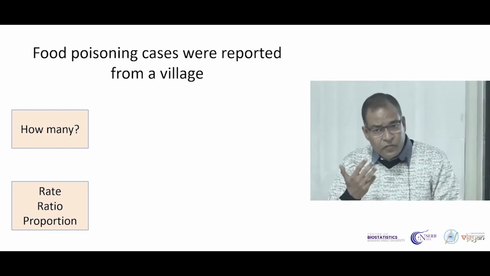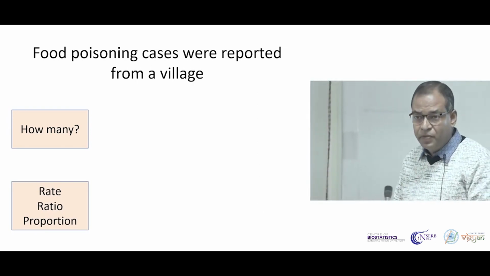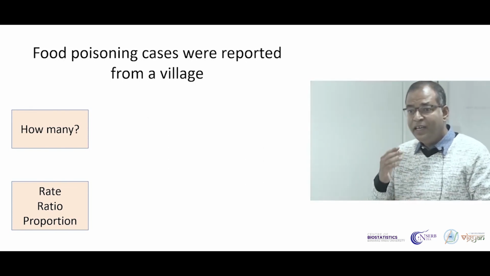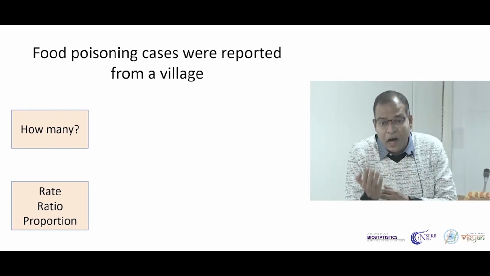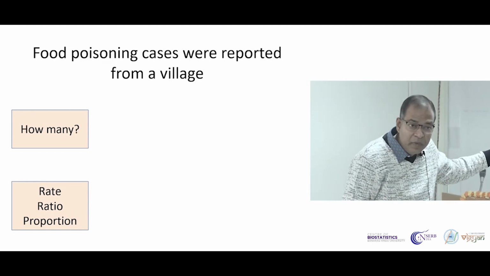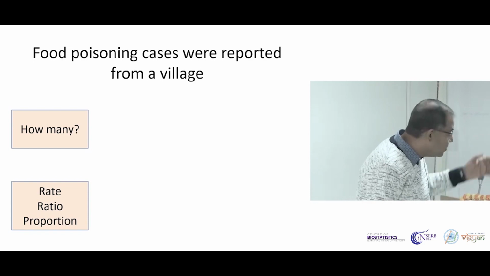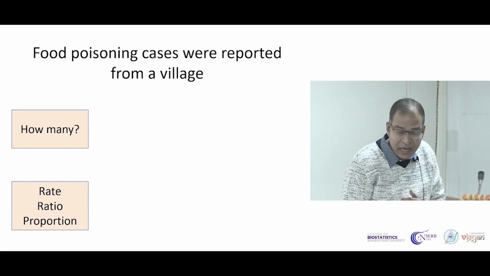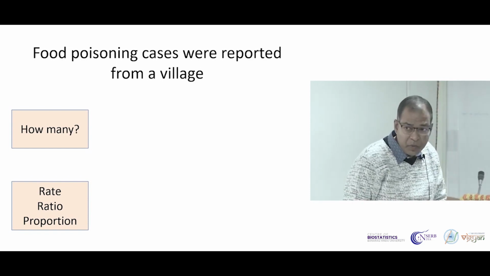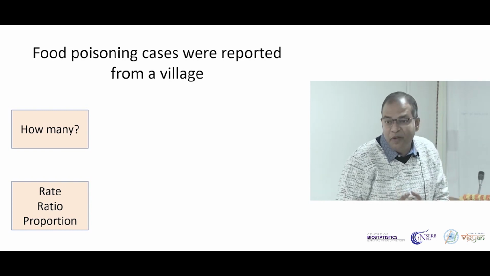These are the three different tools we have in epidemiology, by means of which we give the output of the frequency. How many? We can say either by attack rate, by the ratio, or simply by the proportion. What is proportion? Prevalence is an example of proportion.